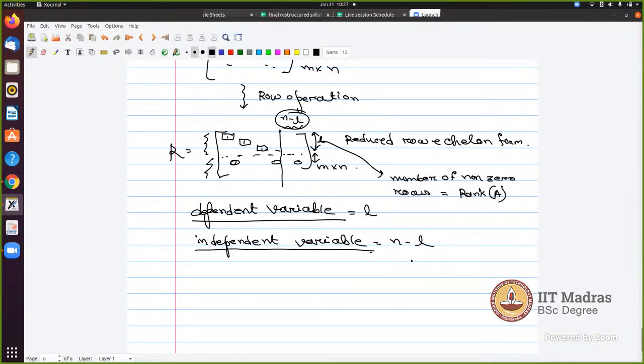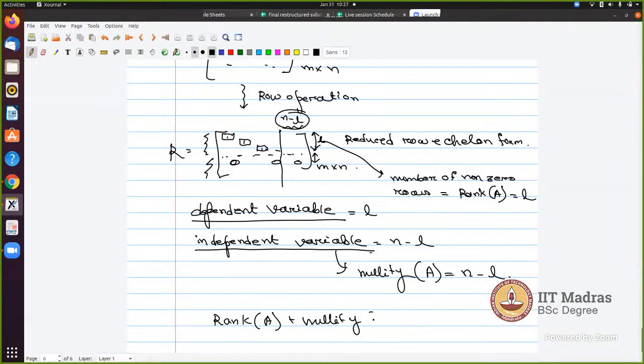The number of independent variables corresponds to the nullity, right? And rank is L. So rank plus nullity is L plus N minus L, that is N.